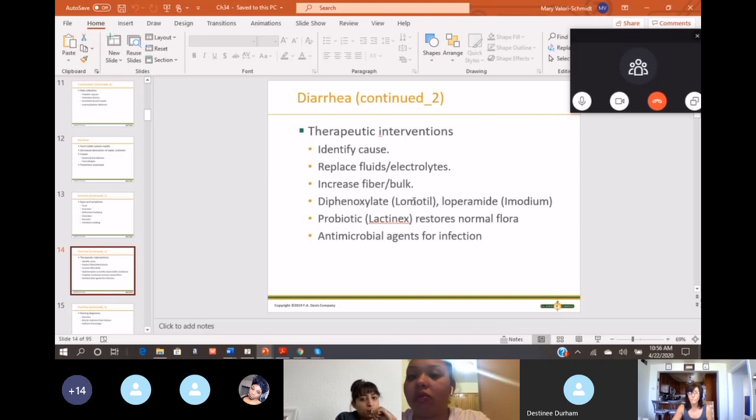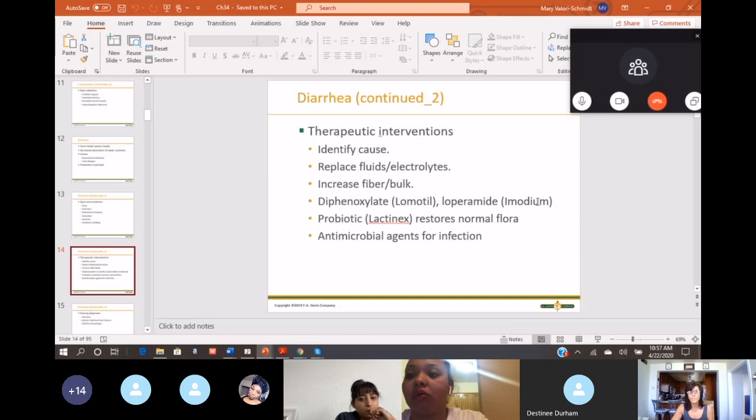Diphenoxylate is Lomotil. I don't really get into it that much because I've not seen any questions about it on ATI or the boards. But loperamide, which is Imodium, over the counter, right? I think everyone's heard of Imodium.